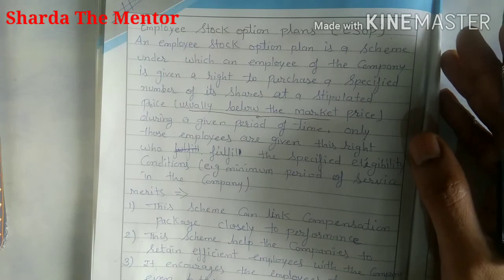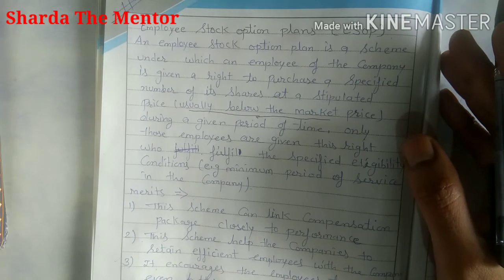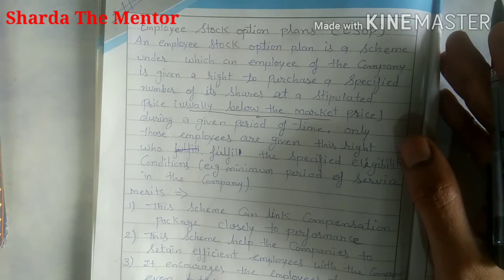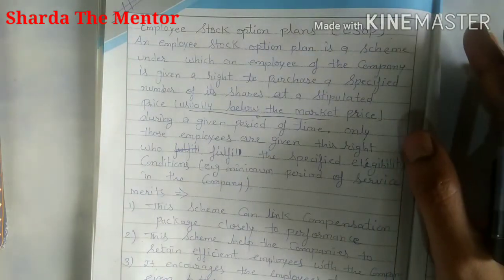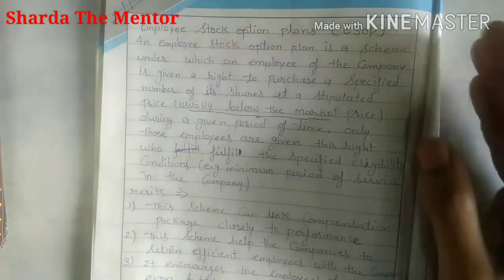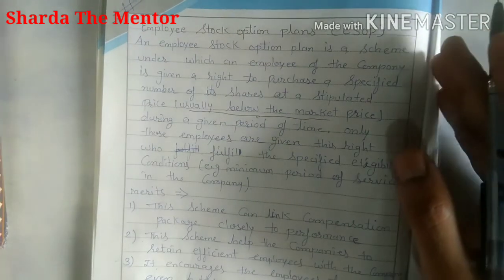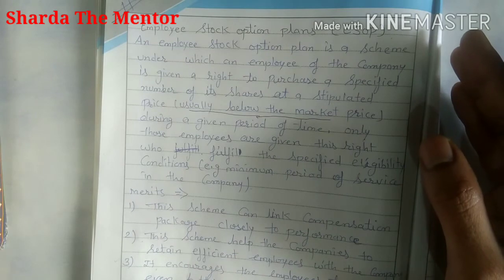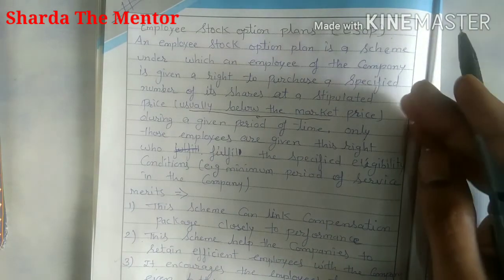Sometimes the company gives these options to their employees to boost their morale, or sometimes the company understands that an employee is a hard worker and if that employee stays in the company, then the company will get more benefit. So in that case the company gives such an option, giving the employees the right to buy equity shares at a price below the market price.